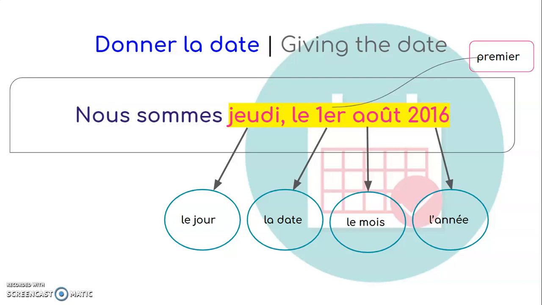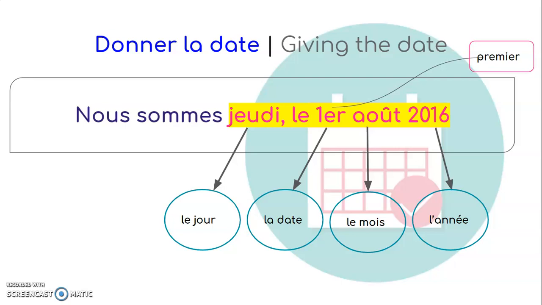Why am I seeing one, and then er? Well, here's something to take into consideration for the French language. When giving the date, they always use the ordinal number for 1, which is first.